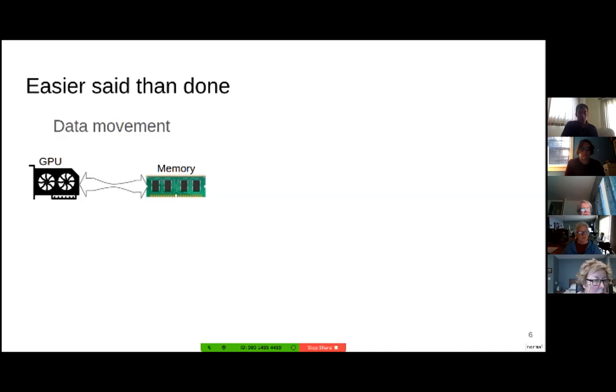The connection between the GPU and main memory might not be able to supply this GPU with gigabytes per second because it has to go through this narrow connection. So getting the data into the processors, keeping them fed with data, so to speak, actually becomes a challenge where it wasn't previously. It was not a challenge previously because with a single processor, there's only one place for the data to go.